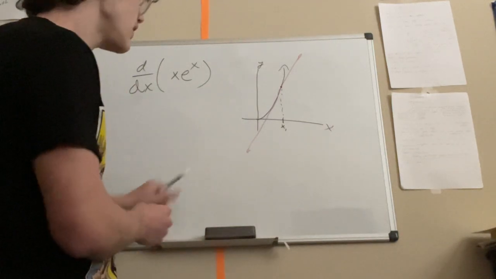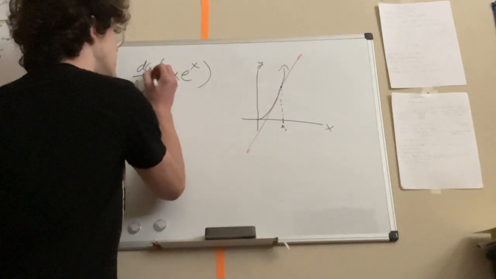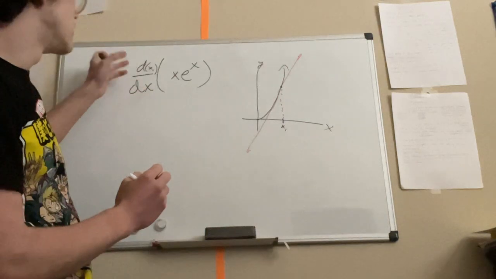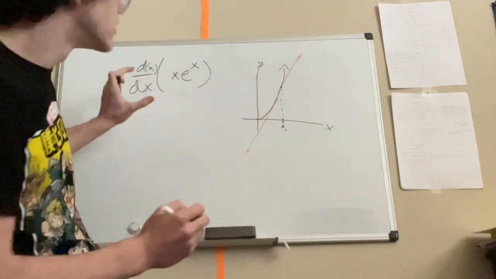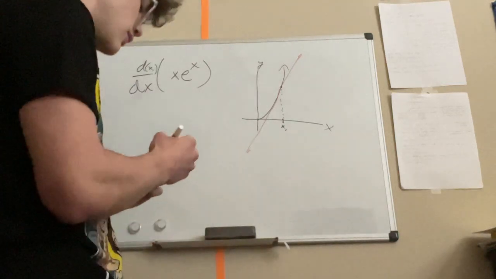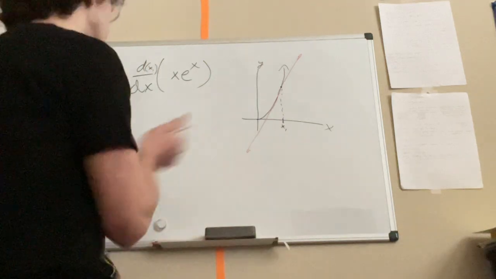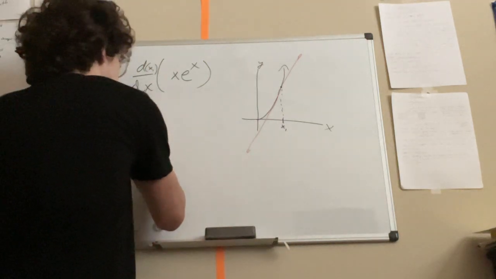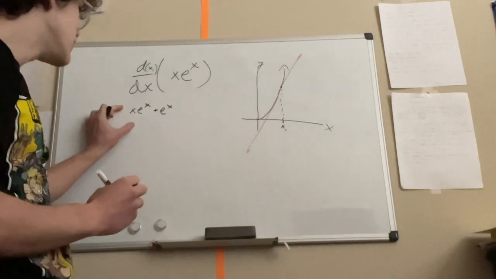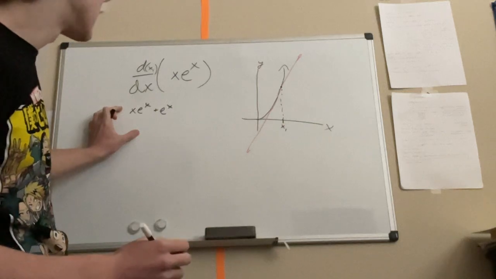So at x equals 1, we would add in right here d/dx of x times e to the x, which is the derivative of x times e to the x. So what we do is, we use the product rule, find the derivative of this, and it would just be x times e to the x plus e to the x.